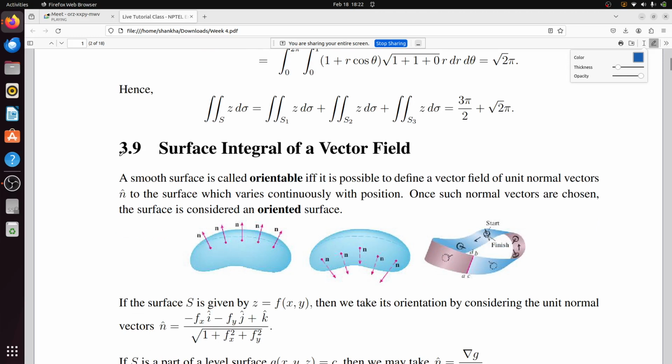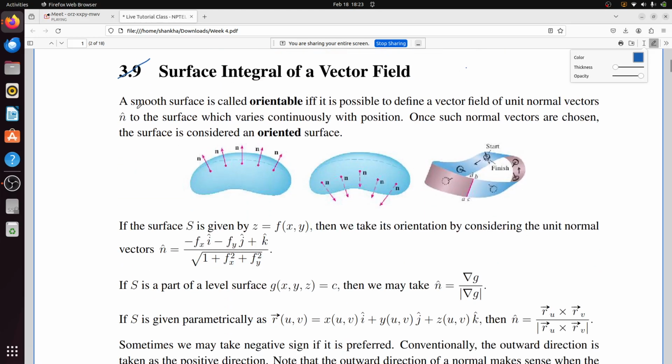So first we will discuss what is called the surface integral of a vector field. A smooth surface is called orientable if and only if it is possible to define a vector field of unit normal vectors n to the surface which varies continuously with position.